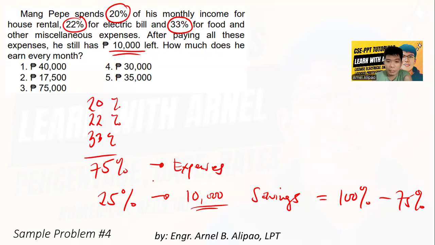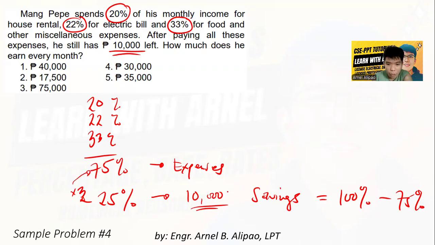So now, if 10,000 is 25%, then what is the 75% expenses? What's the value of the 75%? How are we gonna do that? So let's do it this way. What number are we gonna multiply to 25 so that it gives us 75? We are going to multiply this by 3 so that it gives us 75%, correct?